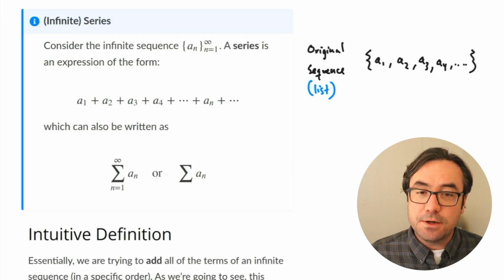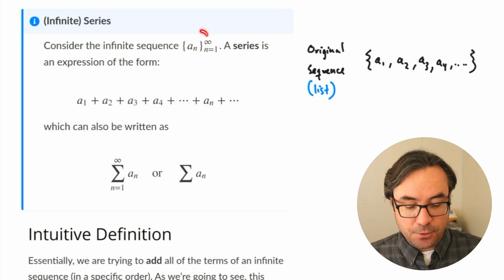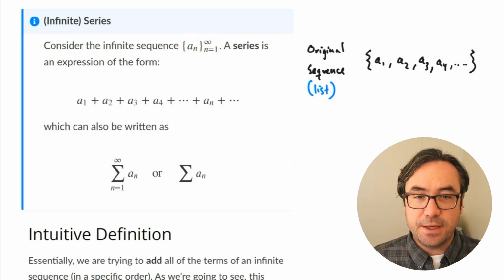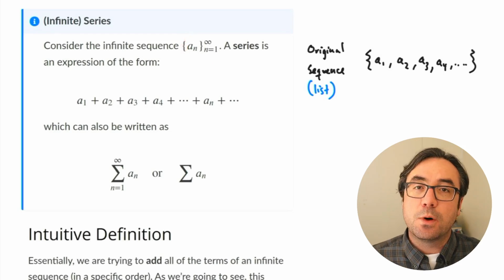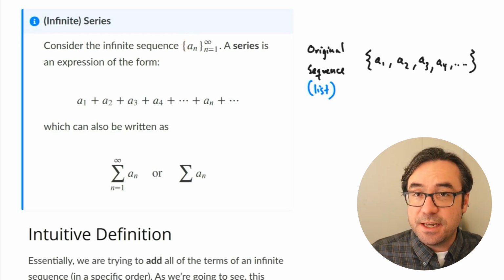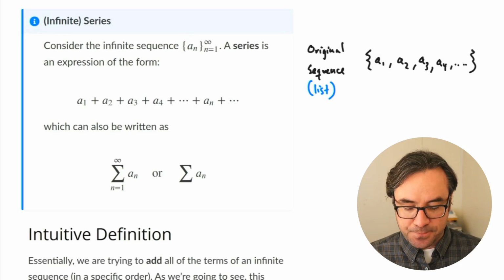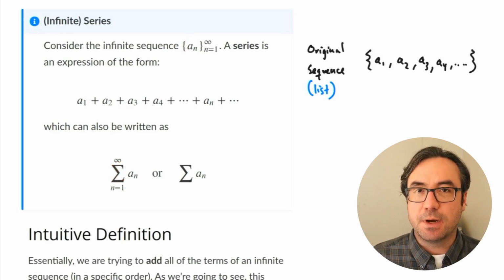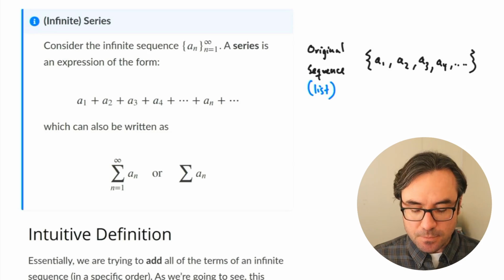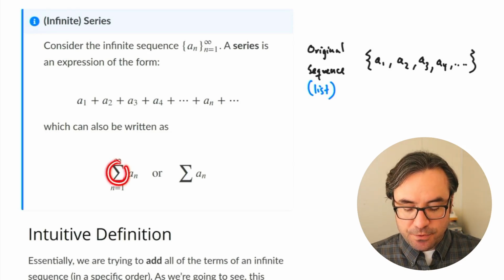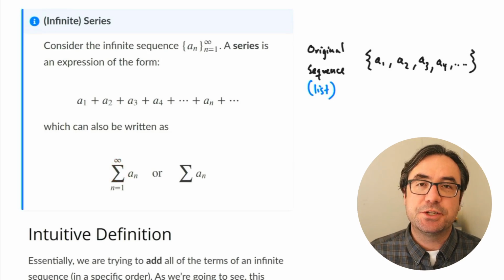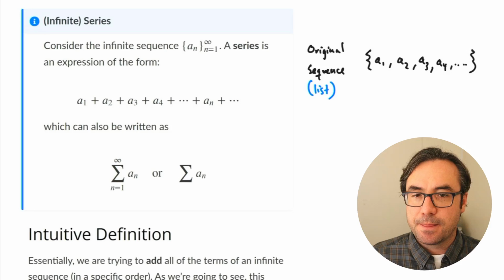The way we denote the original sequence is with curly brackets, but what we're going to use to denote the series, the infinite sum essentially, is a big sigma. So you want to think of this sigma here as really just a fancy addition symbol.